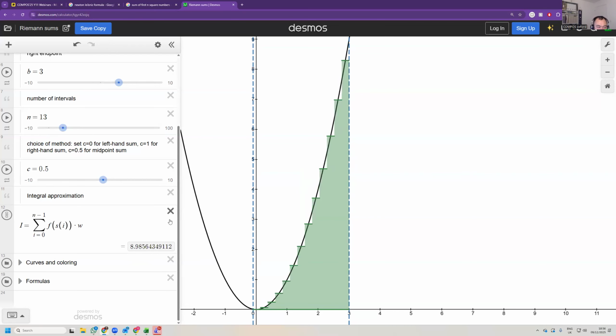And now this is a better approximation. Even for n equals 13, it's really, really close. Here we take the height at the middle of the interval rather than the left edge or right edge. They're all valid Riemann sums.